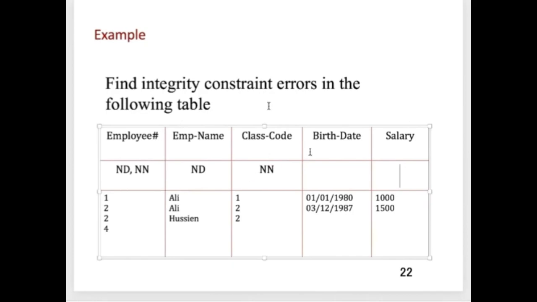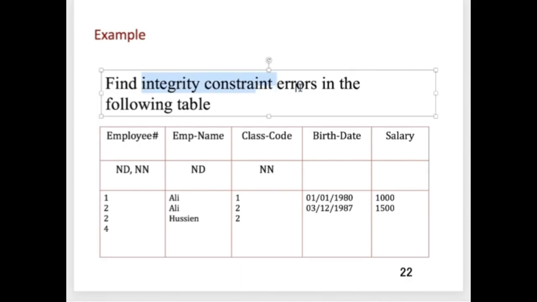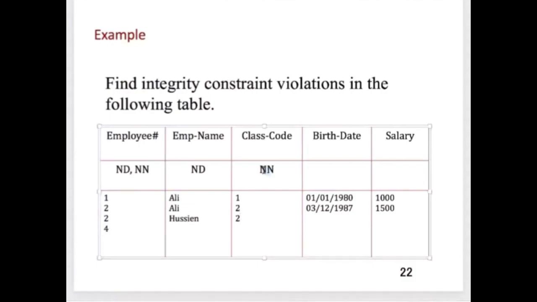Is there any violation of integrity constraints? Can you tell me where the integrity constraint violations are? Yes, it is not null, but the fourth value is absent.